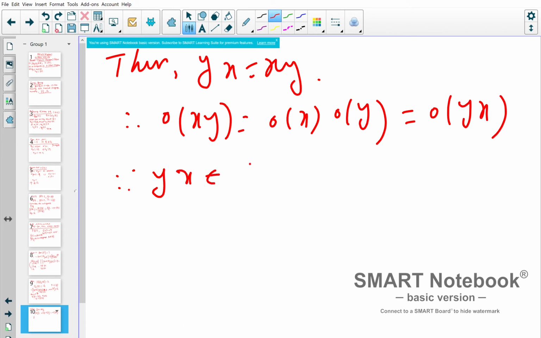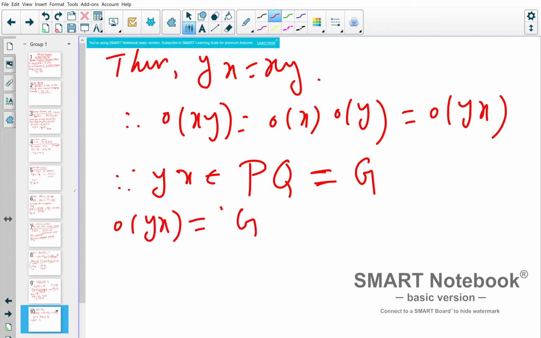So this yx is an element of this PQ group G, and the order of this yx is the same as the order of the group G, right? Both are PQ. This is P, this is Q, this is PQ, right? So what does that mean? That means G has a group element whose order is the order of the group G. So G must be cyclic.